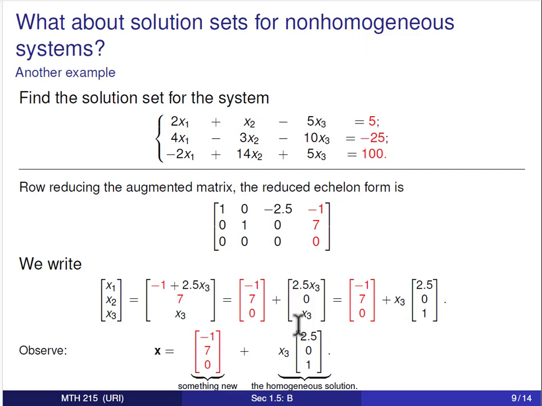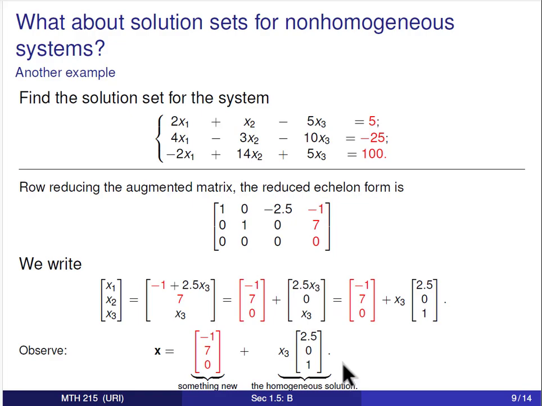So in particular, this behavior happens again. Because we didn't have a homogeneous system, we ended up with a new vector, but that is just added to the solution that we had for the homogeneous system. So is this a thing?